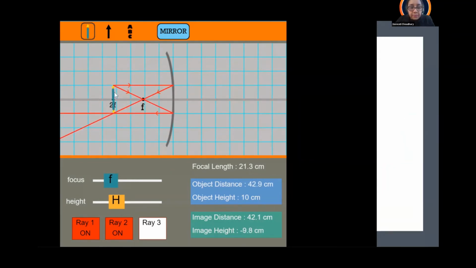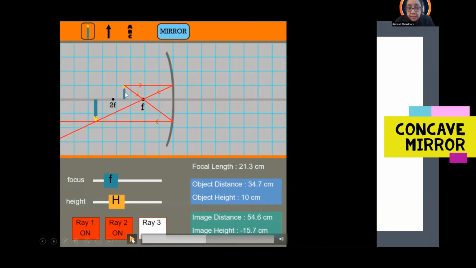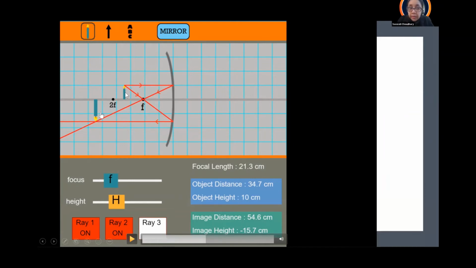If we bring the object further towards the focus, you can see that the image size keeps on increasing. Please notice, whenever I bring the object within 2f, that is between the center of curvature and the focus, the image is inverted. It stays inverted, but it increases in size.